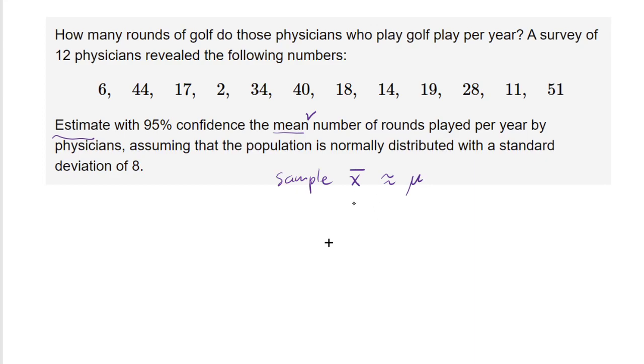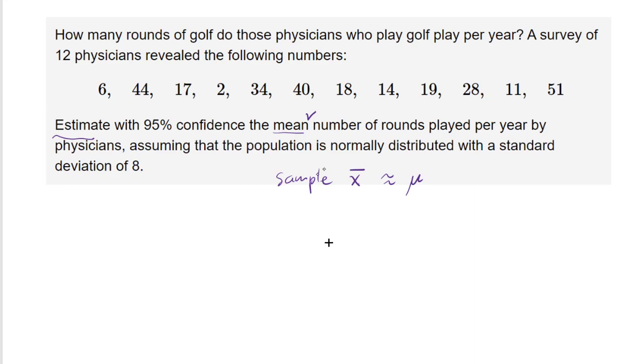You could also expect that the bigger your data set is, the sample mean will get closer and closer to the entire population's mean, and that's called the central limit theorem.